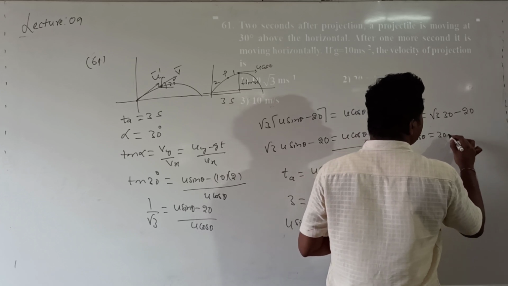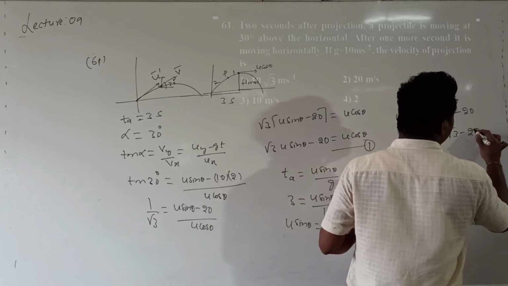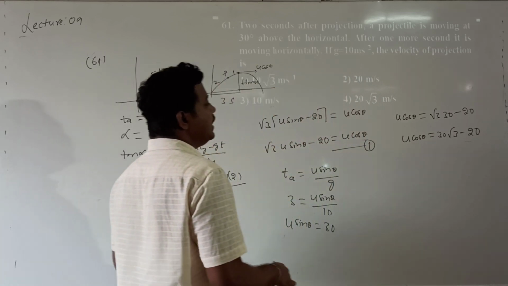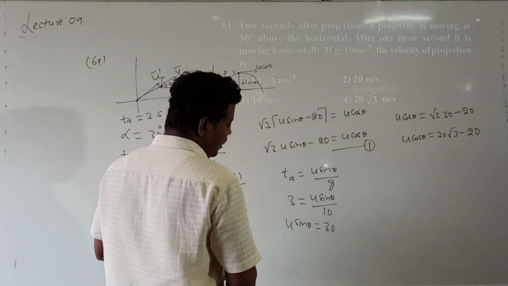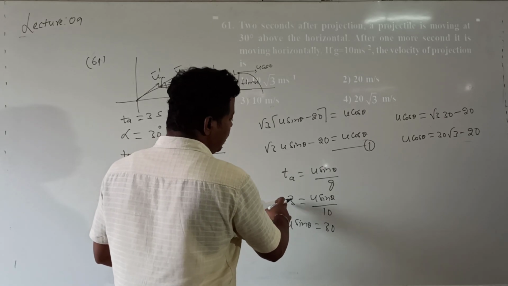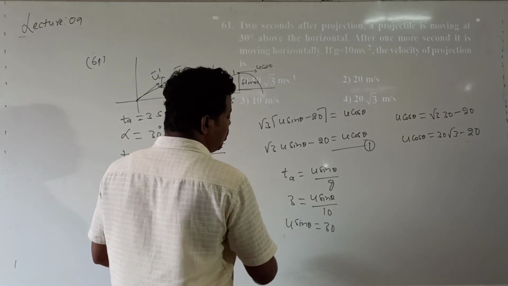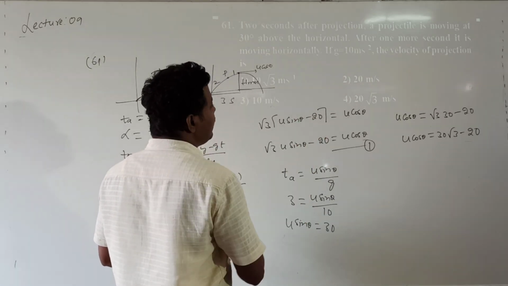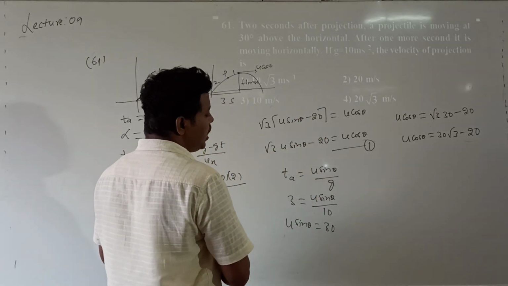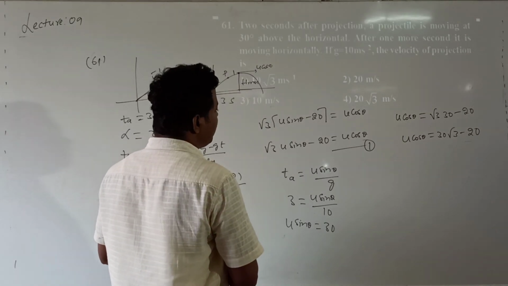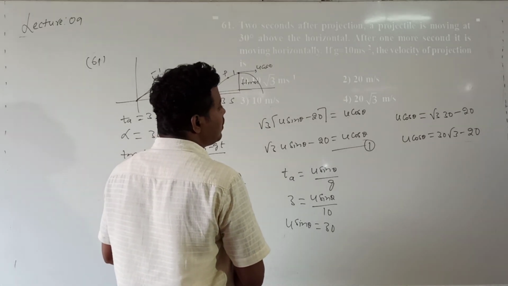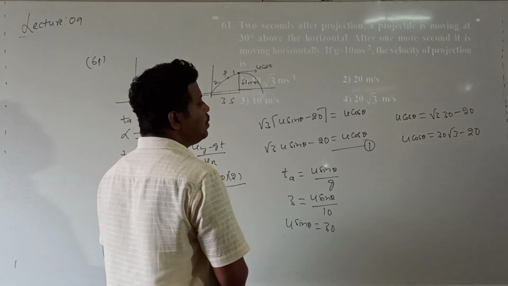This is 30 root 3 minus 20. Okay? So u cos theta value I got. So u sin theta value: 3 is equal to u sin theta by g value 10, then u sin theta value is equal to 30. Then substituting this u sin theta in the above equation, I got u cos theta value. So u cos theta value is equal to 30 root 3 minus 20.